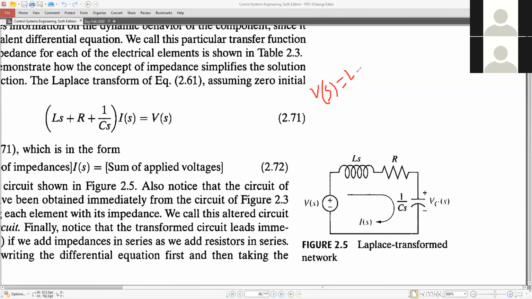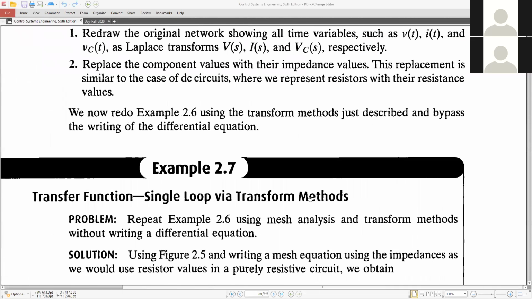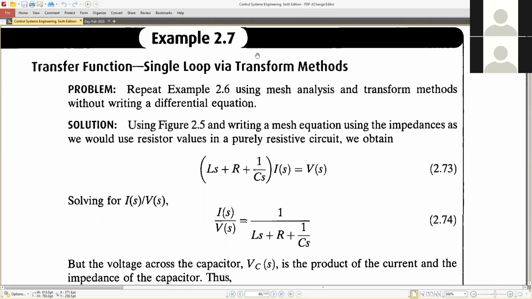Ls into I(s) plus R into I(s) plus 1 by Cs into I(s) is equal to V(s). Same equation, we can write this equation.